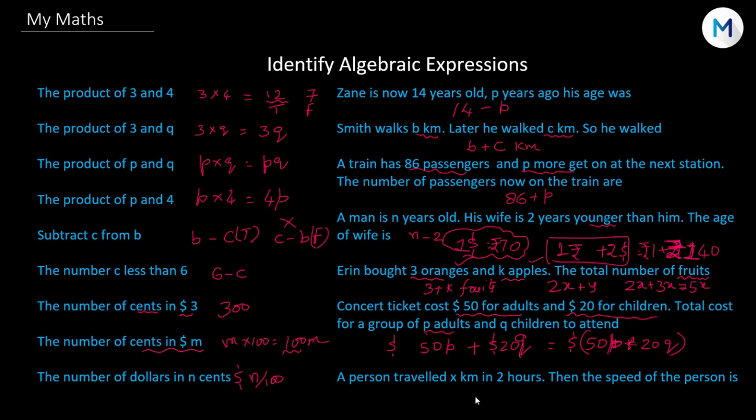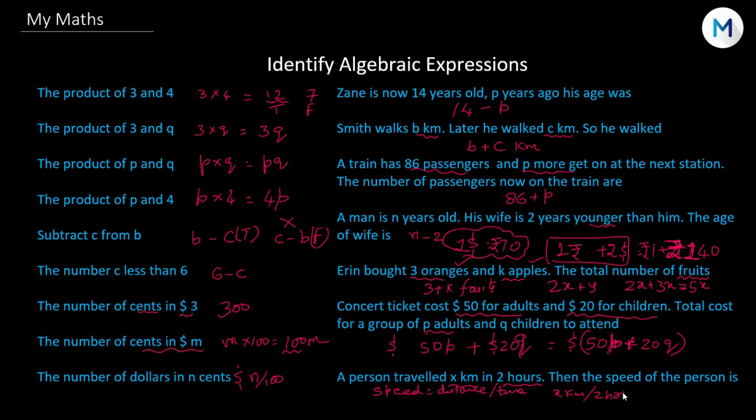And then a person traveled x kilometers in 2 hours. The formula for speed is distance by time. Speed is equal to distance by time. If you know this, then only you can solve the sum. The distance traveled is x kilometers and the time is 2 hours.